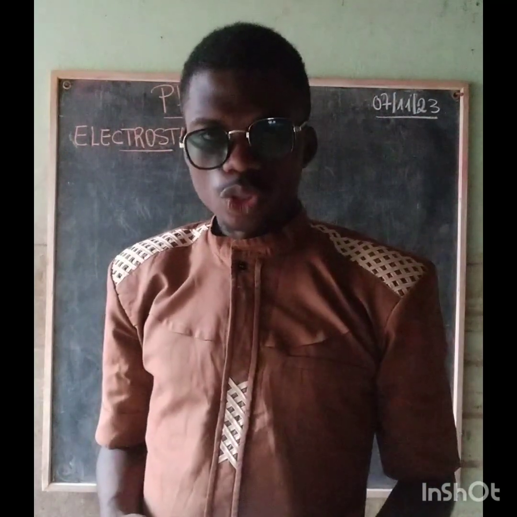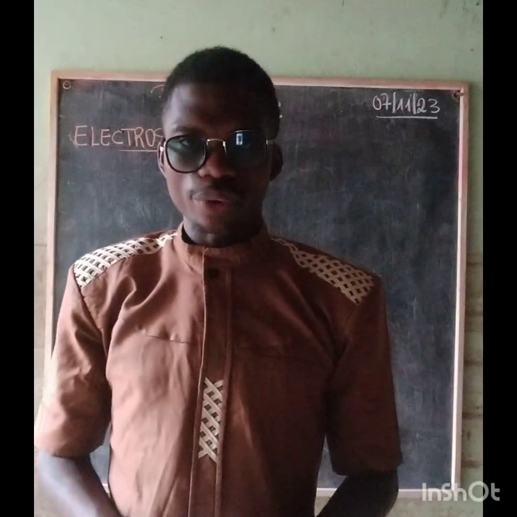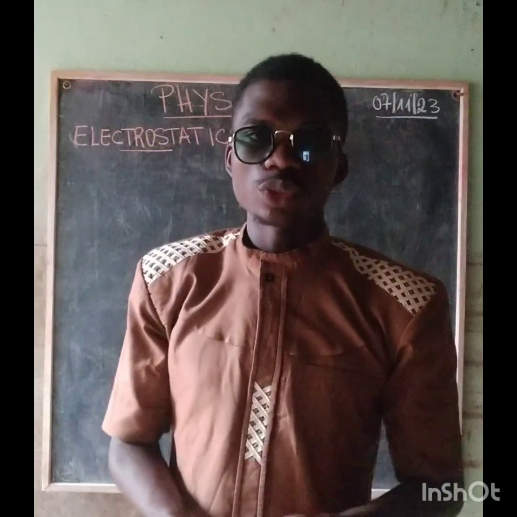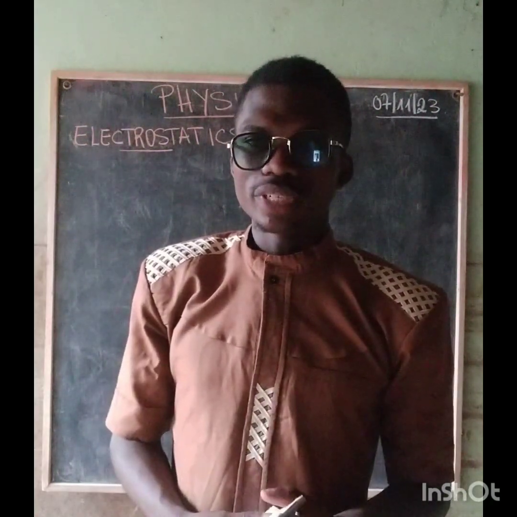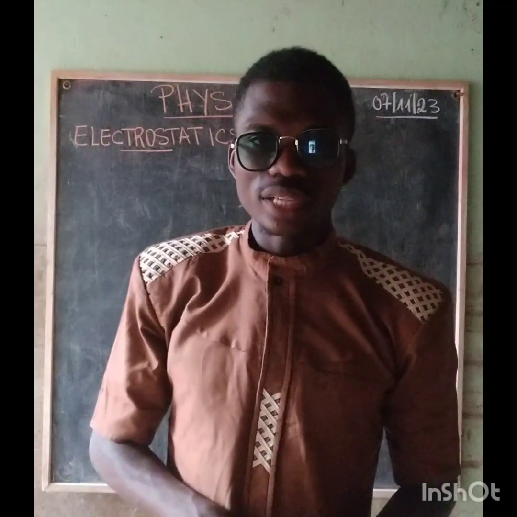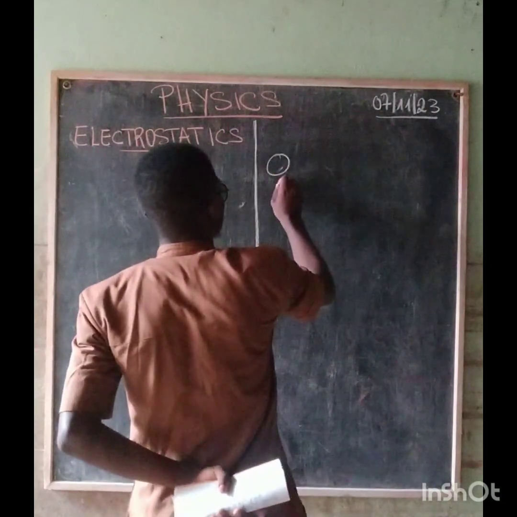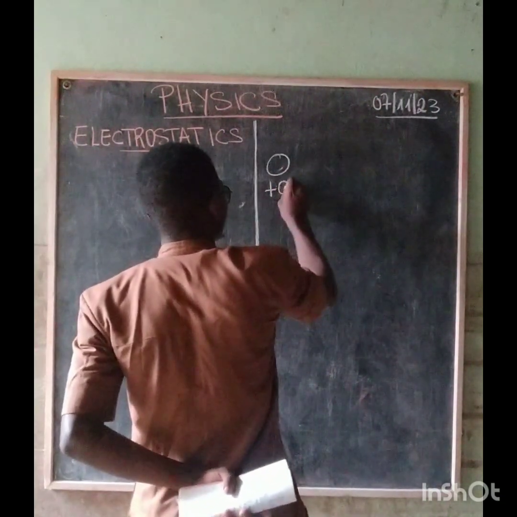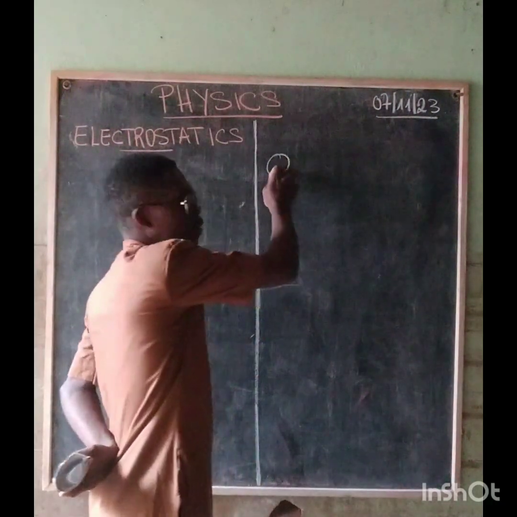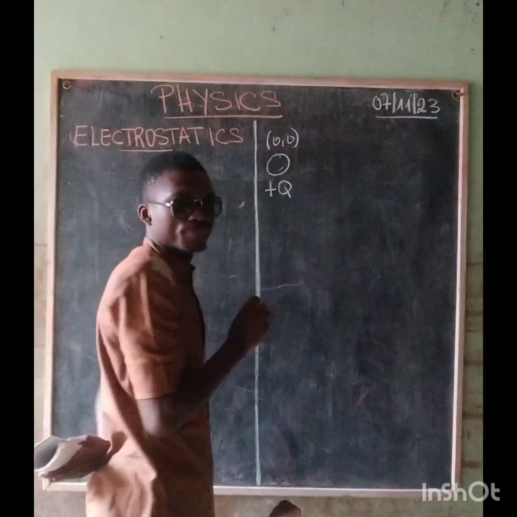Alright, so we have 2 point charges, positive Q and negative 2Q, and we are required to find the position in between the two charges where the electric potential is 0. If I want to represent the charges, I'll have a certain charge, positive Q, placed at the origin, and the coordinate of the origin is 0, 0.